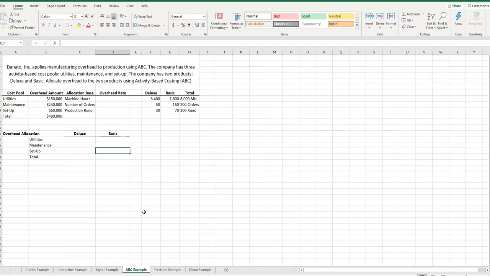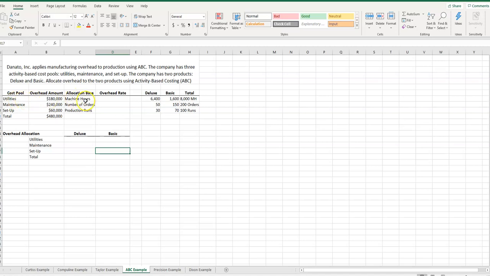And another way that we can do it is by activities. So we decide what activities we have as part of our production, and then we separate our overhead costs into those activity-based cost pools. This company has identified 3 cost pools, and each cost pool has its own allocation base.